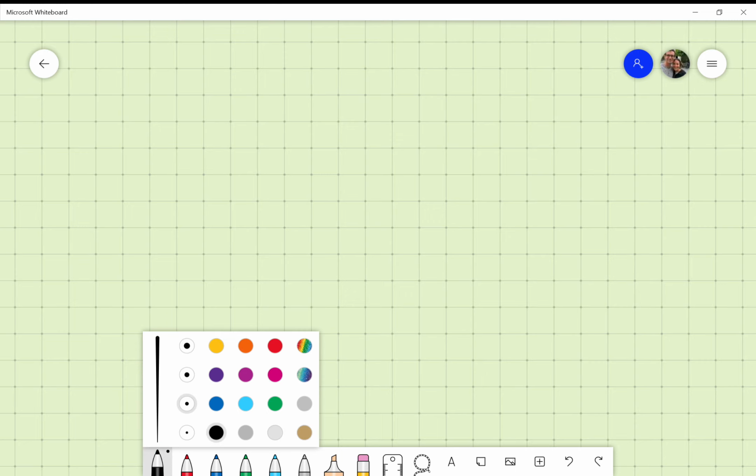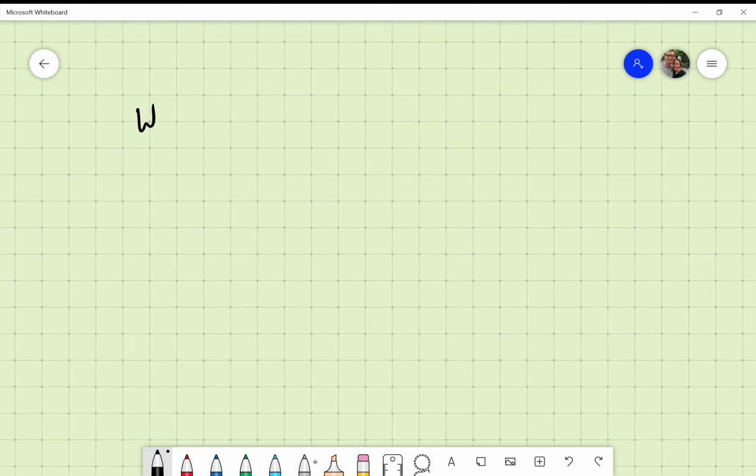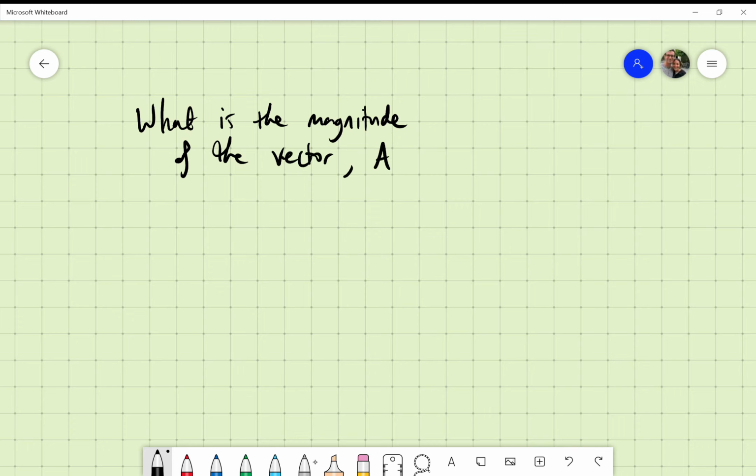So you might be reading the book and it'll say, what is the magnitude of the vector A?